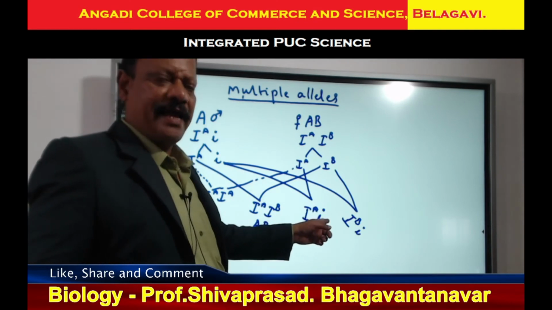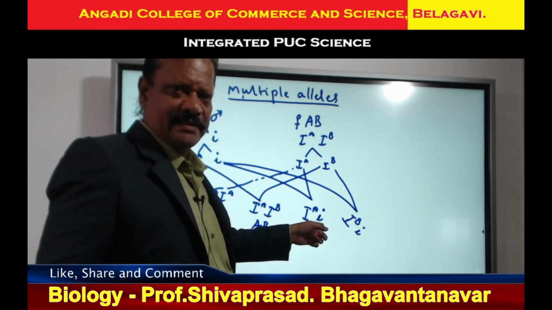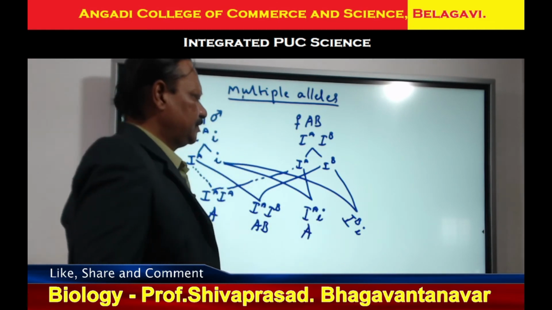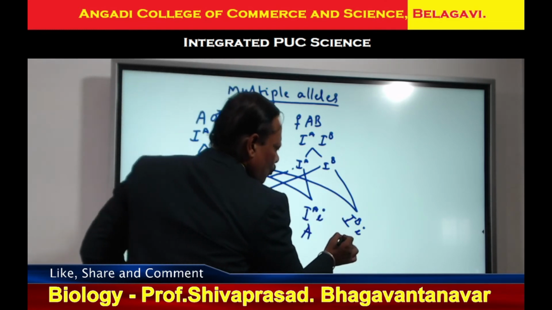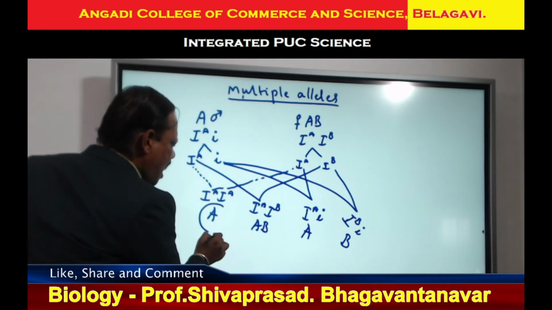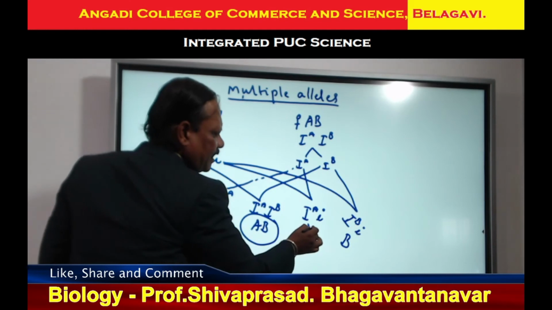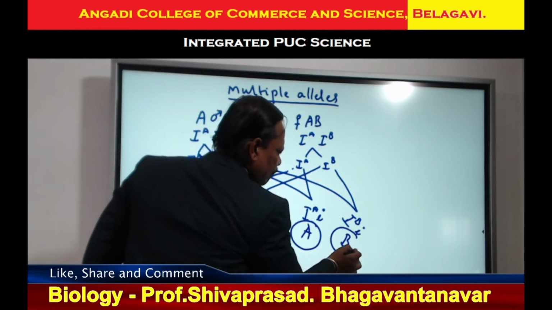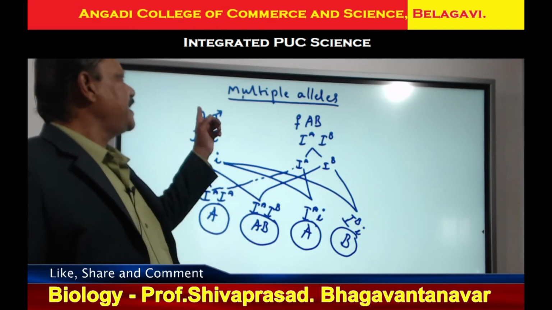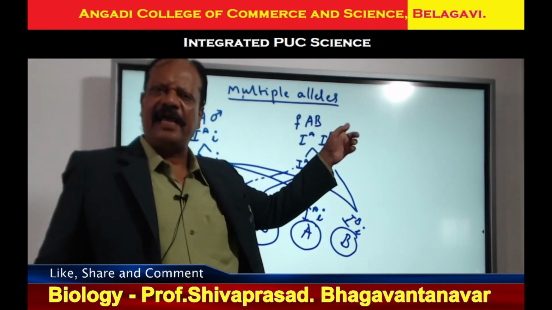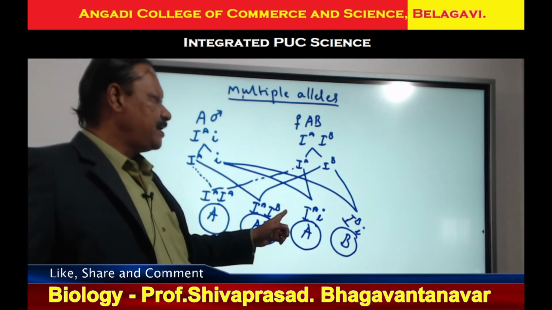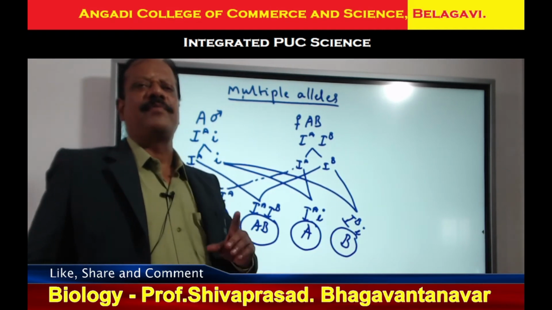Now IA is dominant and small i is a recessive character, so here the blood group will be A. Here again, the same, the blood group will be B. So possible blood groups are A, AB, A and B. So if the father is of A group and mother is of AB group, then their children possibilities are A, AB, A and B. Such combinations you are getting.